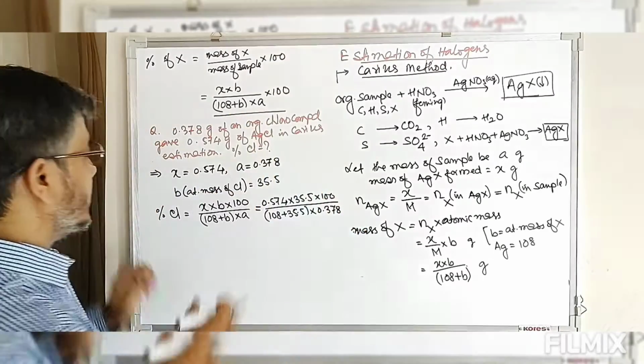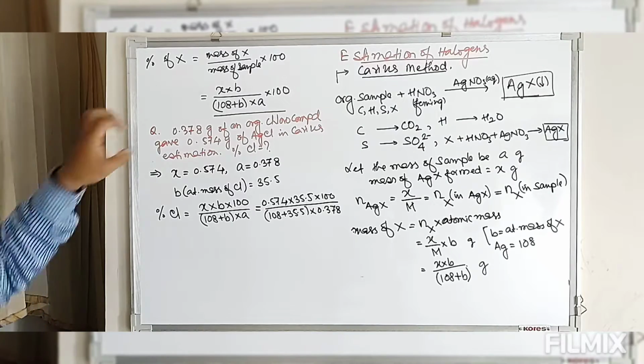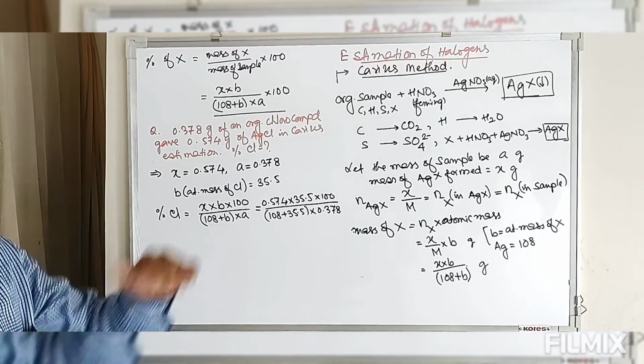So this is the percentage of chlorine for this data. This is how we define the percent.